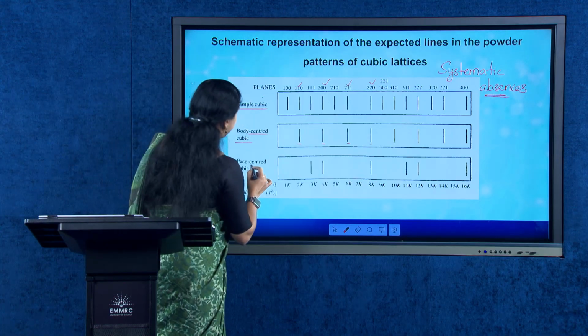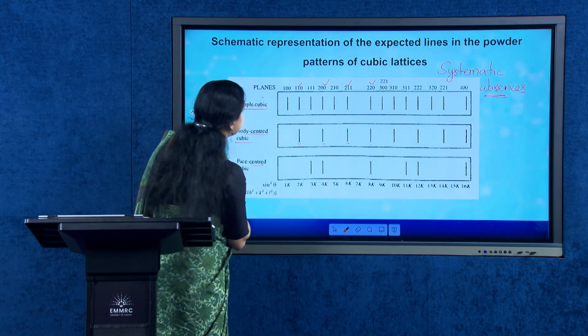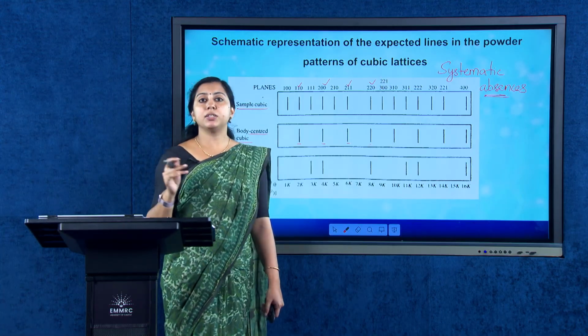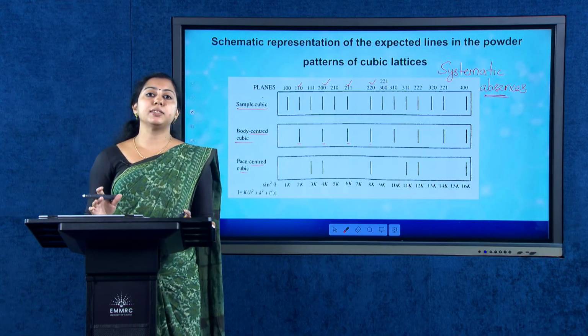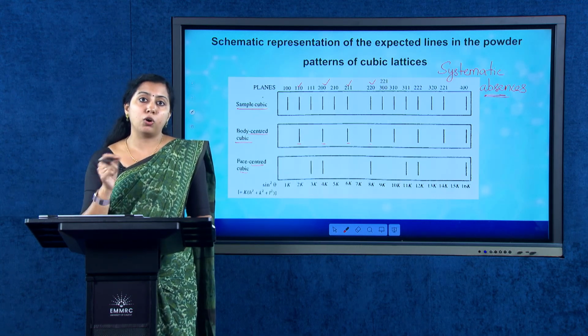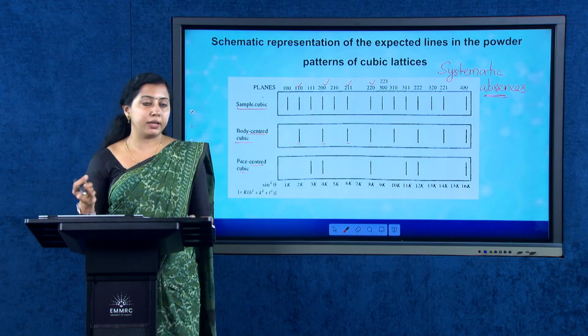Now, consider a face-centered cubic lattice. In a face-centered cubic lattice, we have seen that reflections will occur only from those planes in which the HKL are all odd or all even.